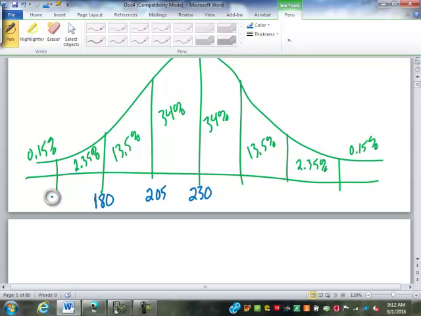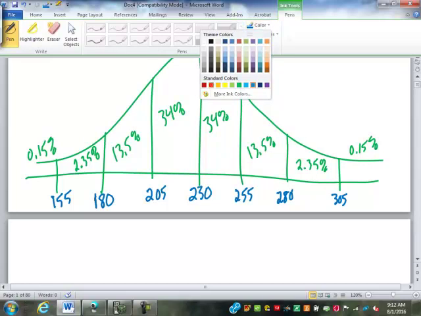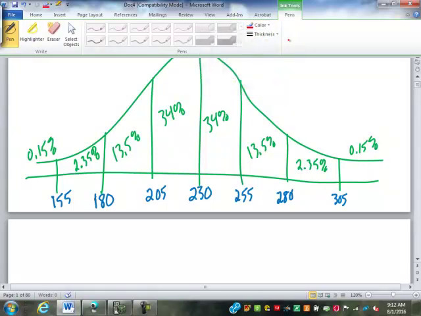And what's going to go here? $155. Good. Going this way, what's going to go here? $255, and here? $280 and $305. And of course, FML was 280, which fell right here.